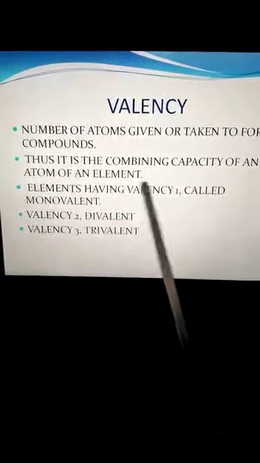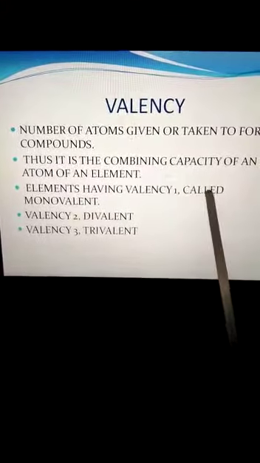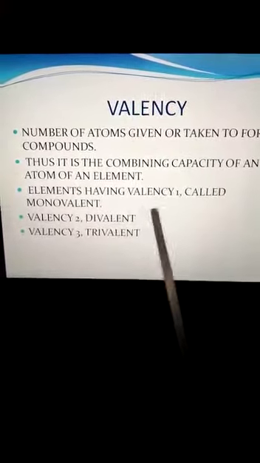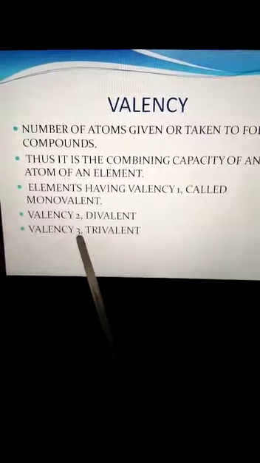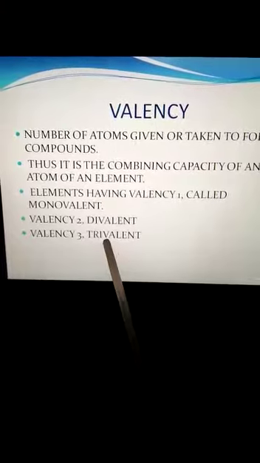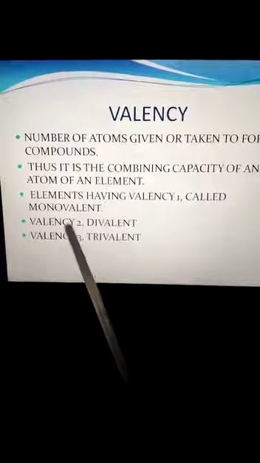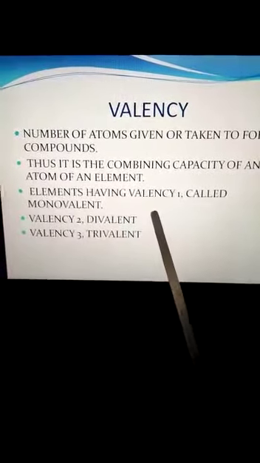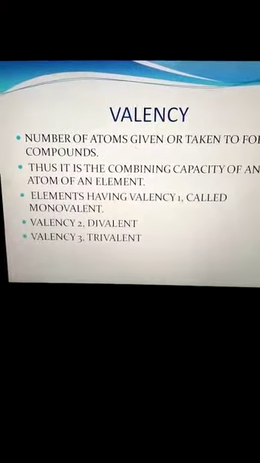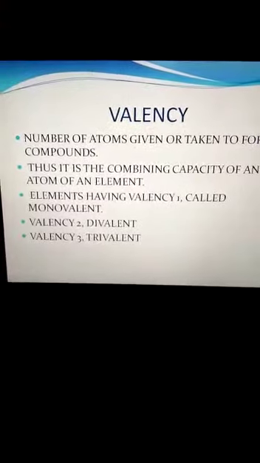Elements have different valencies. If valency is 1, they are called monovalent. If valency is 2, divalent. If valency is 3, trivalent. These valencies can be of a single element or a group of elements, which again decides different types of ions and radicals.